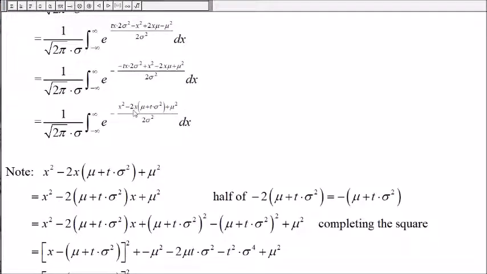And now we'll do completing the square in the exponent here. So here we have x squared minus 2x times (mu plus t sigma squared) plus mu squared.